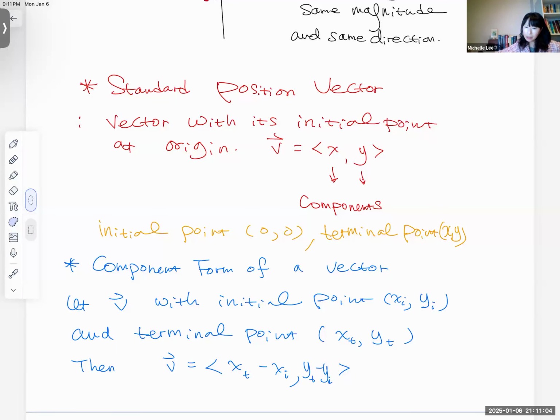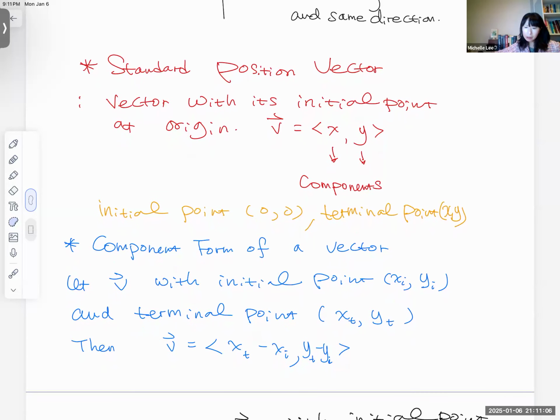So a vector with its initial point at origin, so that means initial point at 0, 0, right? Then we get a vector which has components x and y. Just a general definition, I mean the general form of a standard position vector, right?